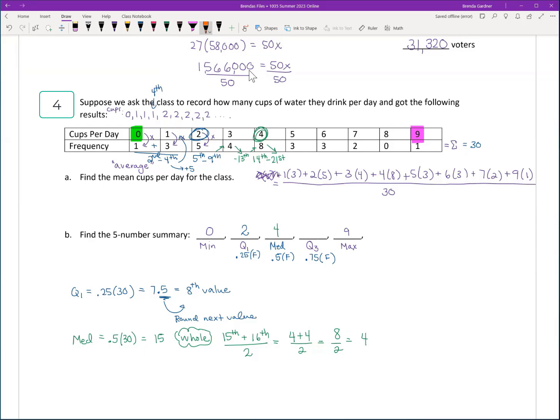Now on to Q3. Q3, think of that 75 cents for the third quarter, or 3 quarters. You're going to take 0.75 times 30. That gives me 22.5. Again, because this is a decimal, I'm going to go to the next value.